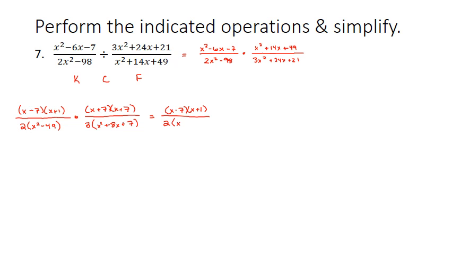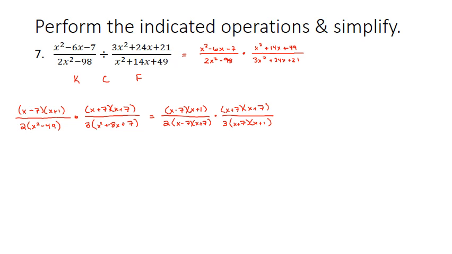X squared minus 49 is a difference of squares, so it factors into x minus 7 times x plus 7 times, the top right's done, so we'll leave that the same. On the bottom, you have the 3, and then x squared plus 8x plus 7 becomes x plus 7 times x plus 1.